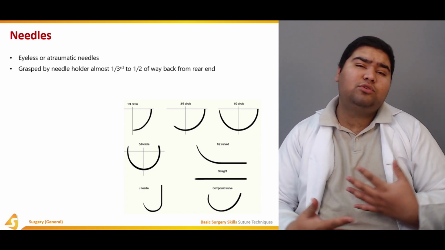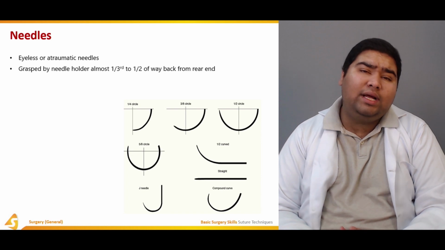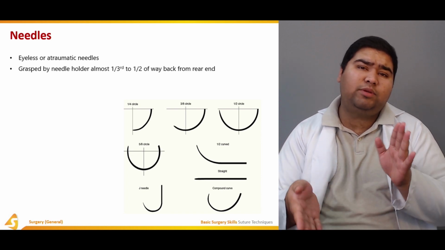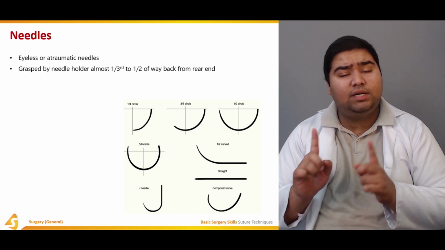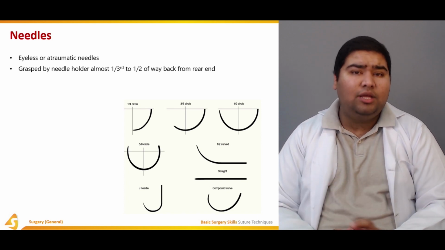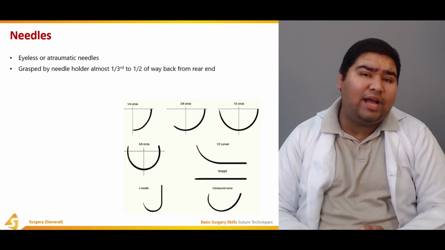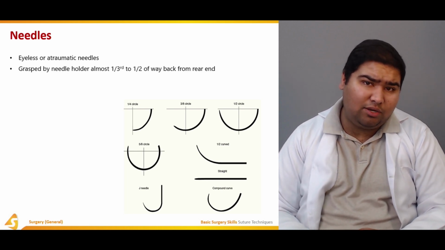Now the needle is usually grasped at the junction between the proximal 2/3 and the distal 1/3. So this is where you grasp your needle with the help of a needle holder.